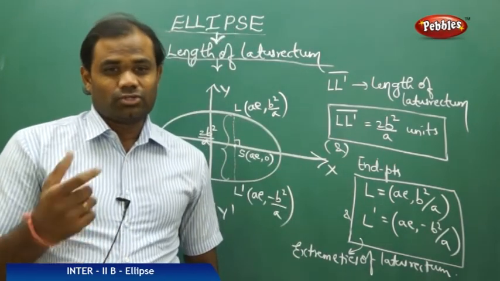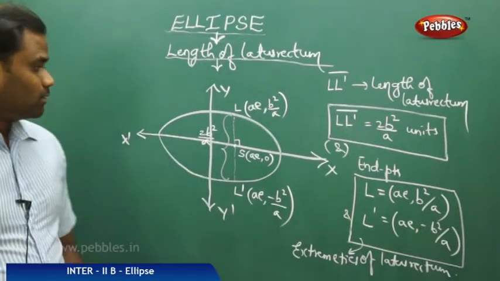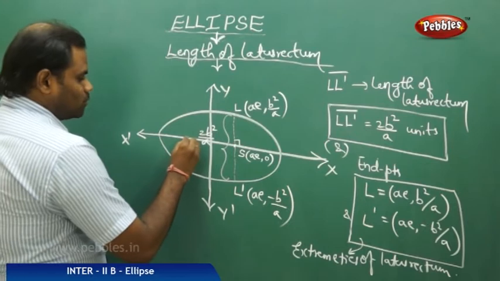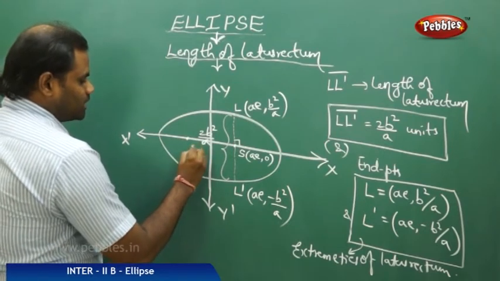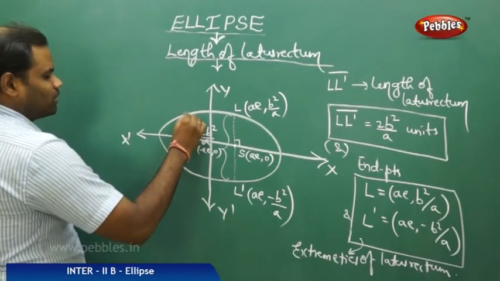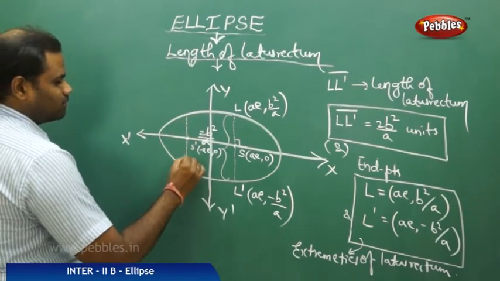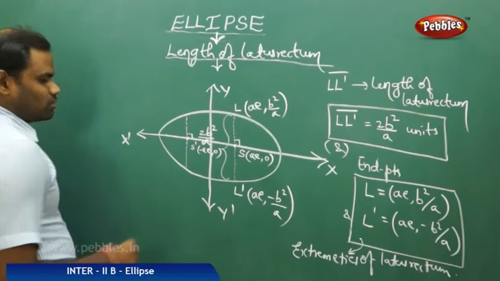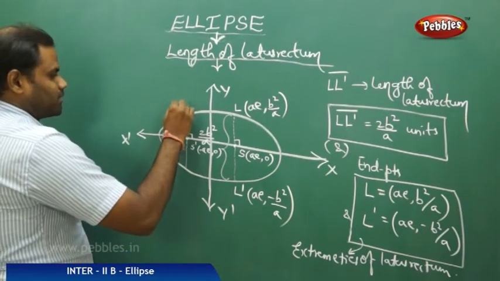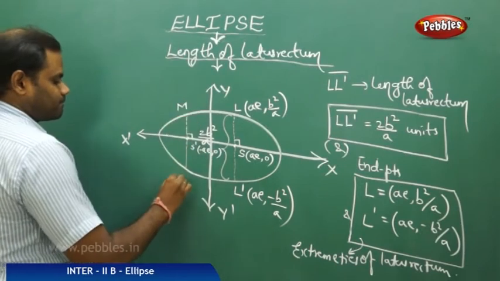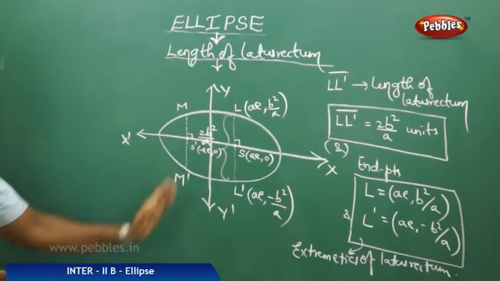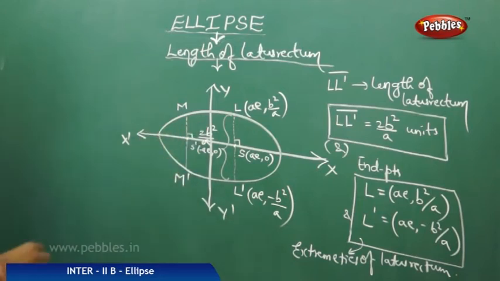Now, since there are two latera recta, one of the latus rectum being LL dash, the other latus rectum would be here, with S dash being (minus ae, 0). Therefore, if I join this and it is perpendicular to the major axis, then MM dash is called the other latus rectum on the negative side of the x-axis.